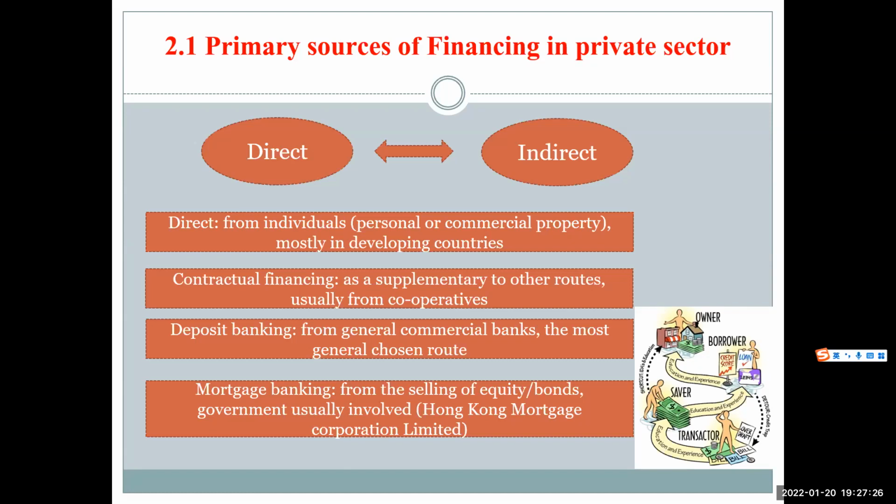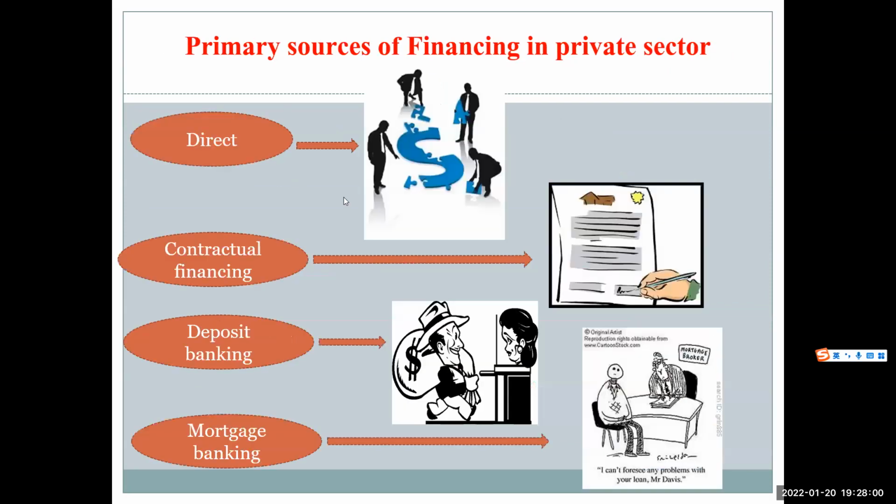This is supplementary to other routes, usually from cooperatives, and also deposit banking from general commercial banks, the most generally chosen route actually, and also mortgage banking from the selling of equity, bonds, and governments usually involved. Actually, for example, the Hong Kong Mortgage Corporation. So we have some direct form of financing, contractual financing, deposit banking, and mortgage banking.